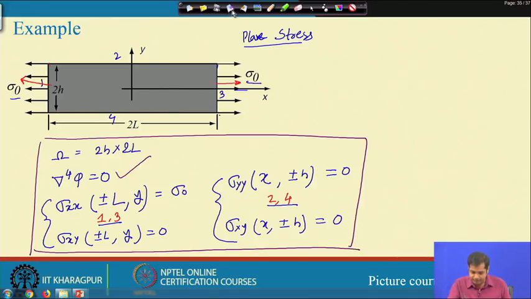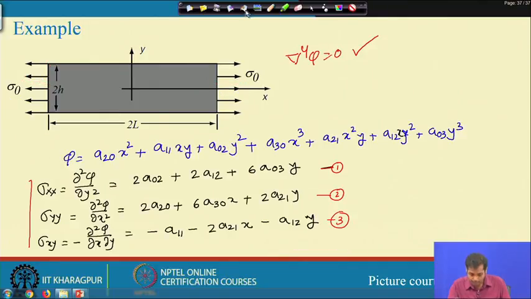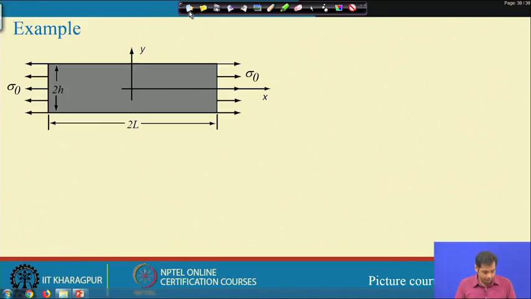Now, these expressions should satisfy all the boundary conditions. Let us first start with the boundary condition on this boundary. Sigma xx expression is this. Let us satisfy this condition on boundaries 2 and 4.